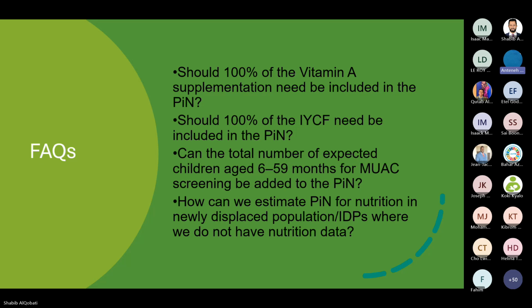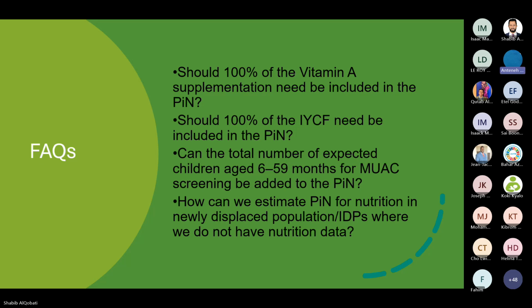For example, a typical case is, let's say there are some displaced people, and among them we have children under 5 who missed the most recent vitamin A supplementation because they were on the move and there is nowhere they can be covered through the supplementation campaign. So what we do is we need to include them as a PIN.